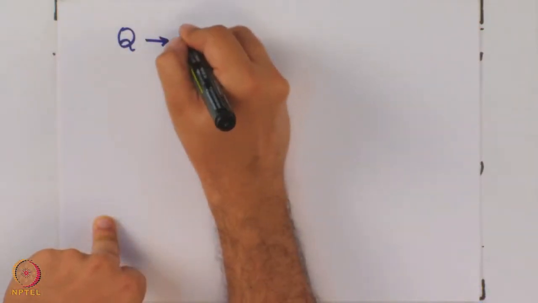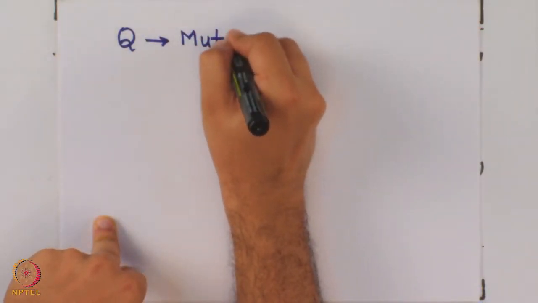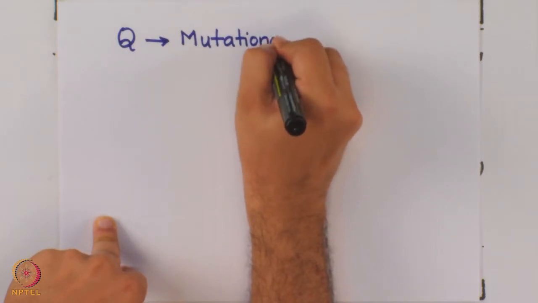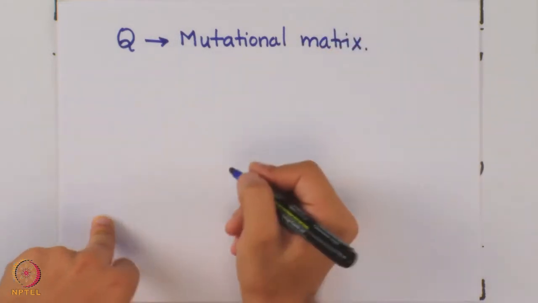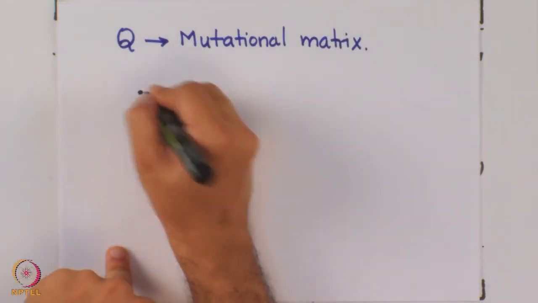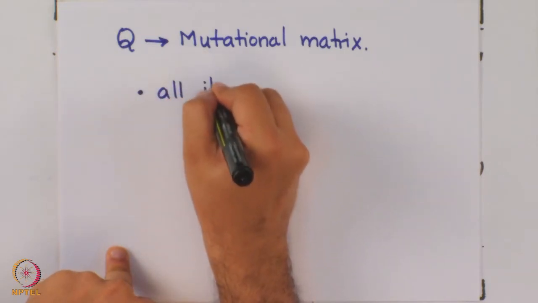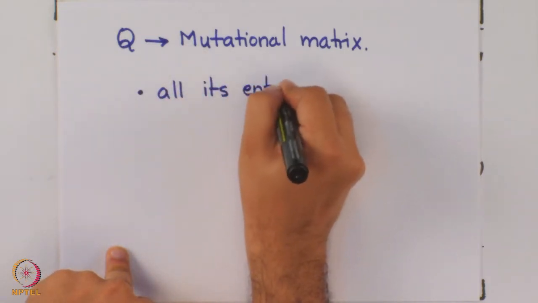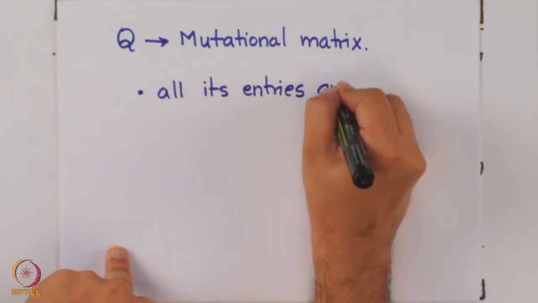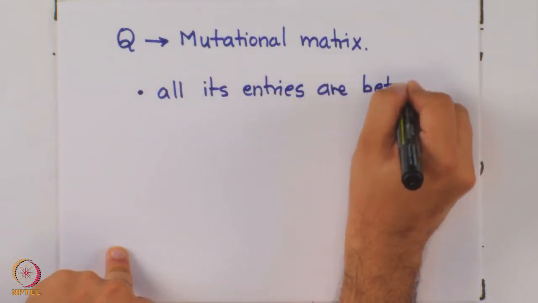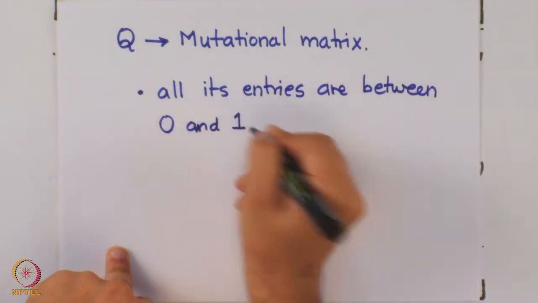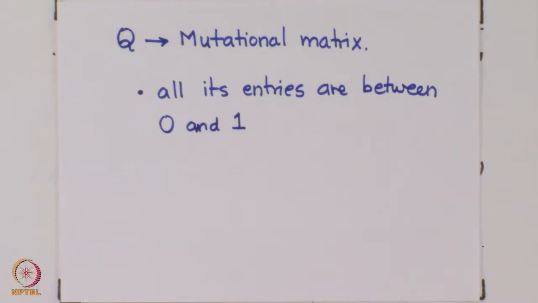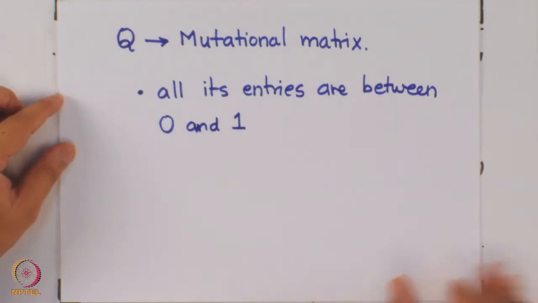Q, which is the mutational matrix, satisfies the following properties: A, all its entries are between 0 and 1, which is true because any entry Qij represents a probability, and probabilities have to be between 0 and 1. So, all entries of Q are between 0 and 1.